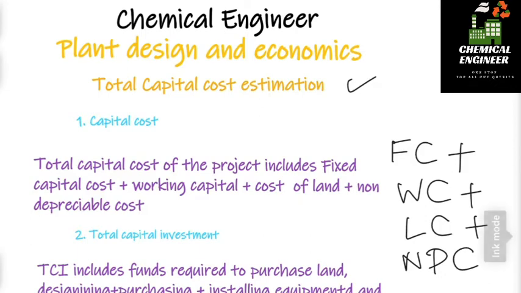Fixed cost is what we will study in the later part of this video, and the land cost. One thing that we will not study in this video is non-depreciable cost. First of all you have to search the meaning of depreciation. So question 1 of this video is: search the meaning of depreciation and comment it.